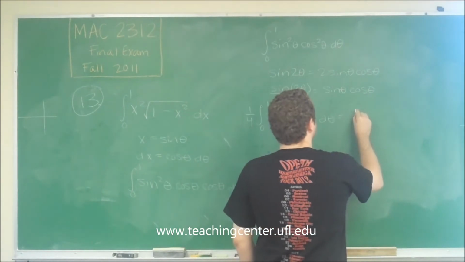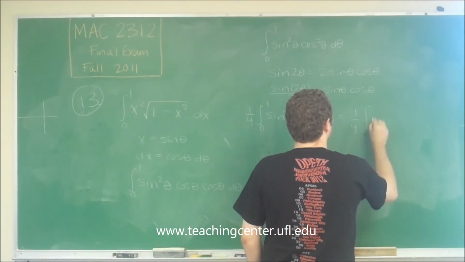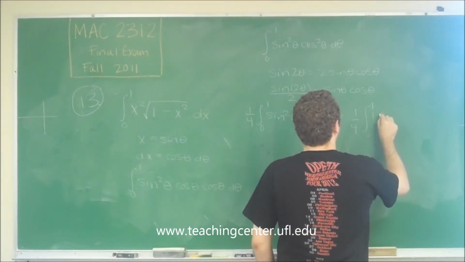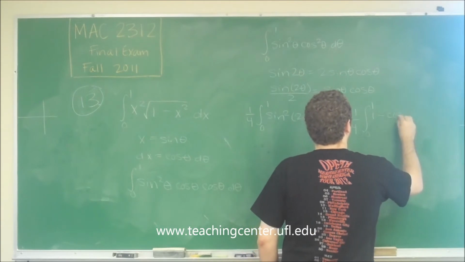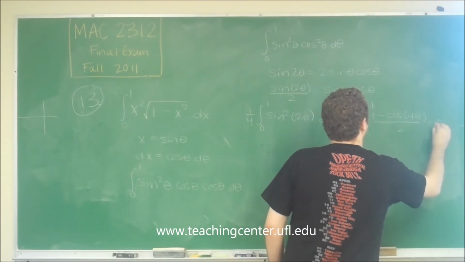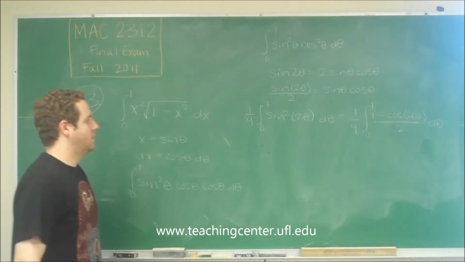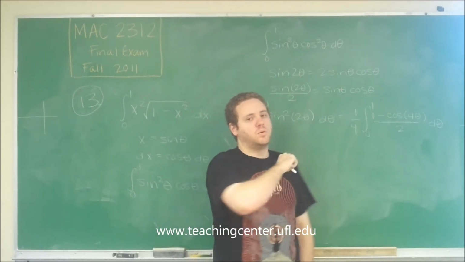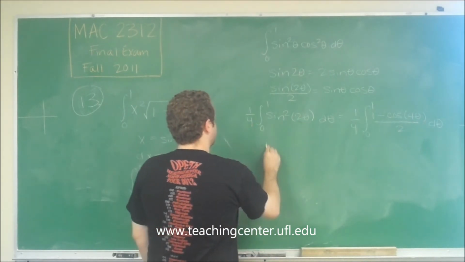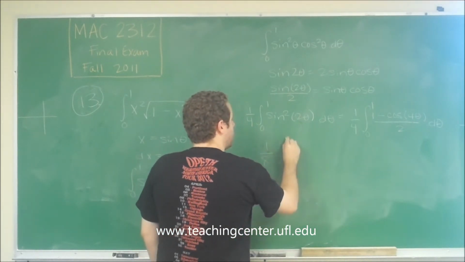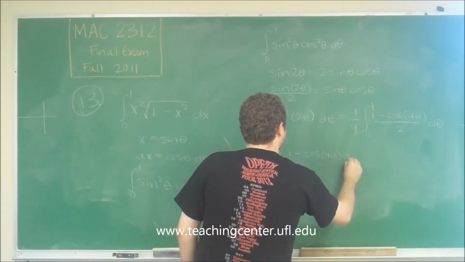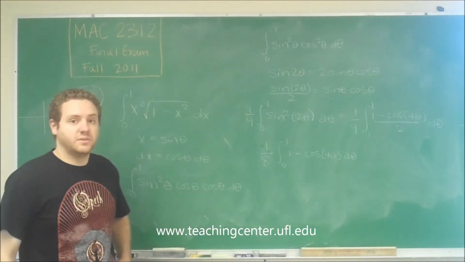So this is going to be 1/4 from 0 to 1 of 1 minus cosine 4 theta all over 2. We had to put a 4 there because you have to double the angle that's already in there. We can bring that 1/2 further out to be 1/8. And now we're just integrating 1 minus cosine of 4 theta d theta, which is a simple enough integral.